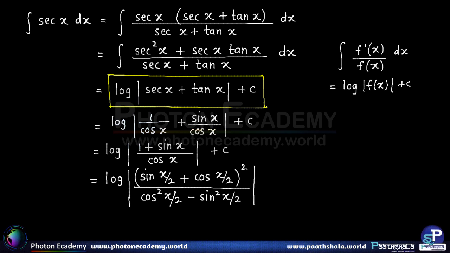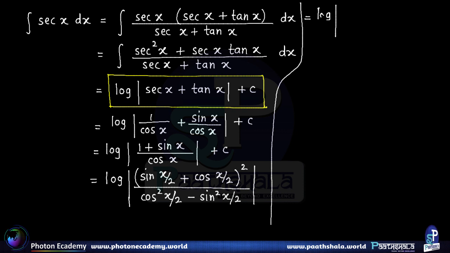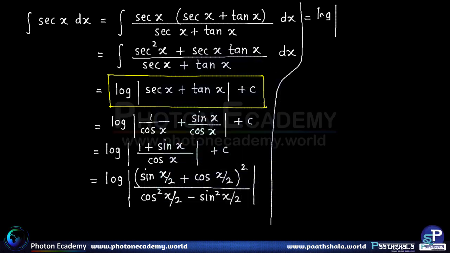Alright, so simplifying that further, we have log of, if you observe the denominator, it can be broken into two factors, that is, this denominator is of the form a square minus b square, so that can be factored as (a plus b) into (a minus b).